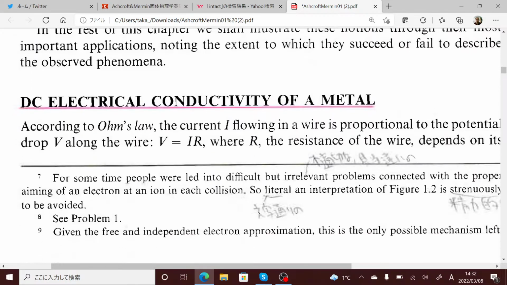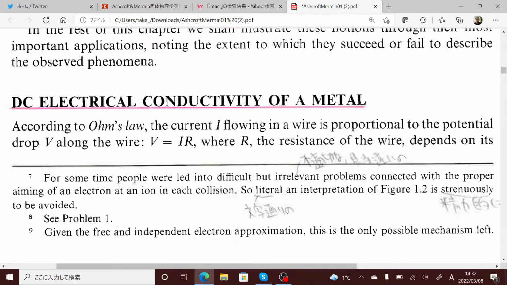For some time, people were led into difficult but irrelevant problems connected with the proper aiming of an electron at an ion in each collision.